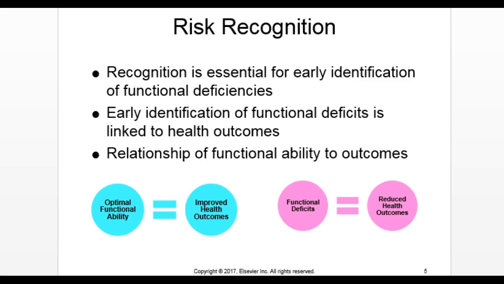So all kinds of things impact someone's functional ability, and nurses have to recognize that there are assessment tools. It is recommended that ongoing assessments occur because things change during the health and wellness process during the age.